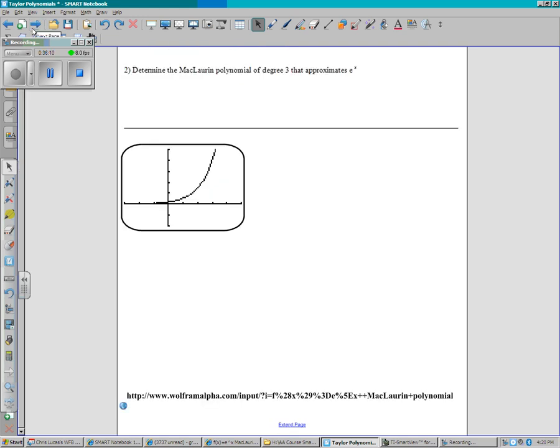Therefore, you should too. Okay, so determine the Maclaurin polynomial of degree 3 that approximates e to the x. Once again, write your Taylor polynomial.